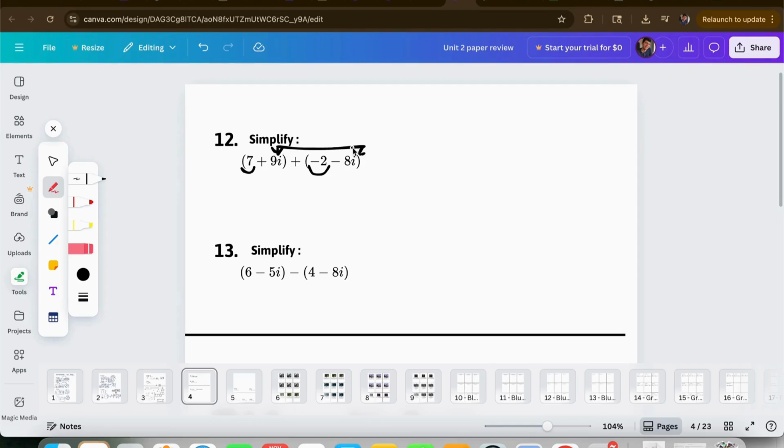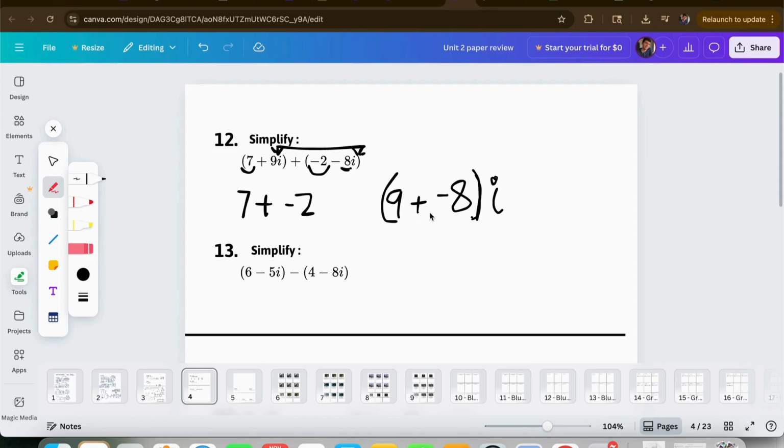These are the imaginary parts combined. So this just becomes whatever 7 plus -2 is, and then separately whatever 9 plus -8 is. These terms, of course, have the I. I'm going to write the I on the outside.